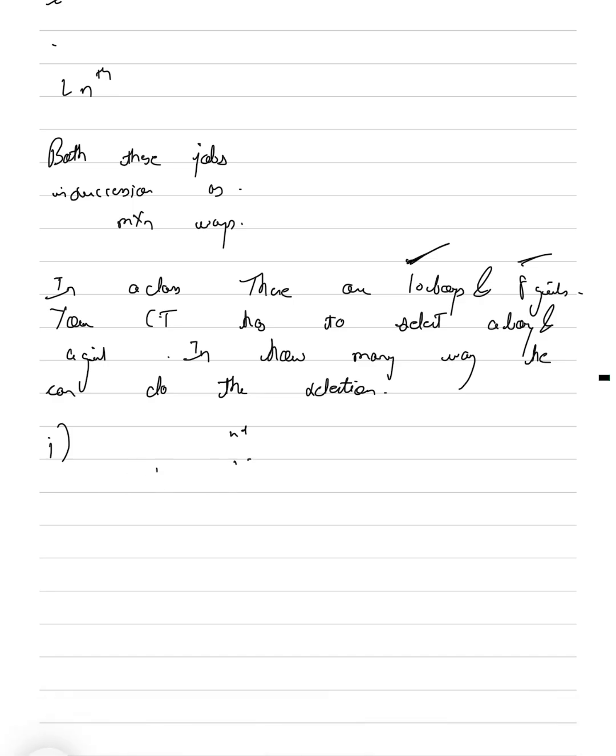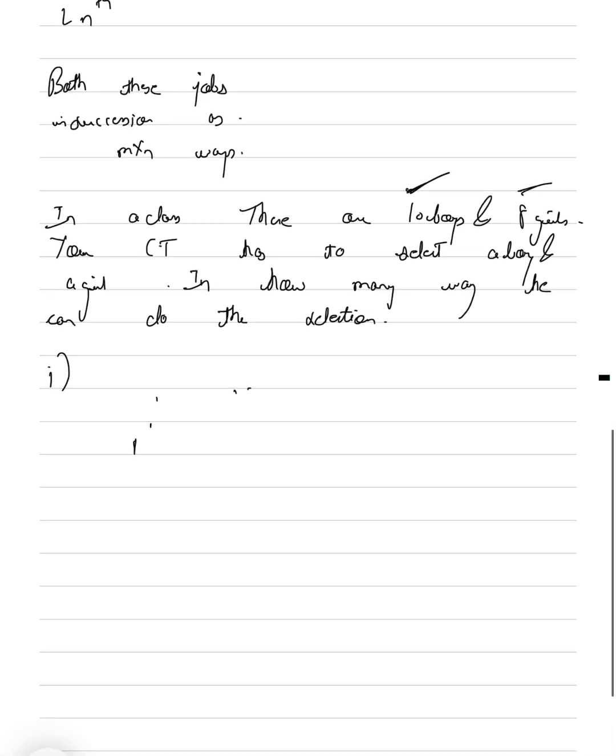First way of selecting a girl: let's suppose the teacher has selected a boy, that is your first boy, and then he can select the first girl given he has selected the first boy, or the second girl given he has selected the first boy, and the process continues till he selects the eighth girl.